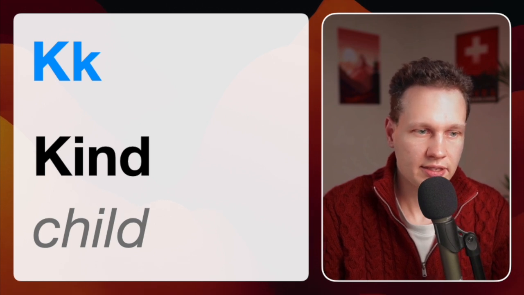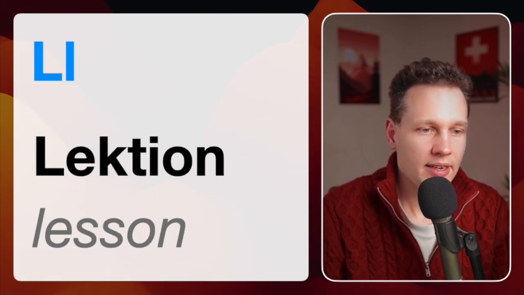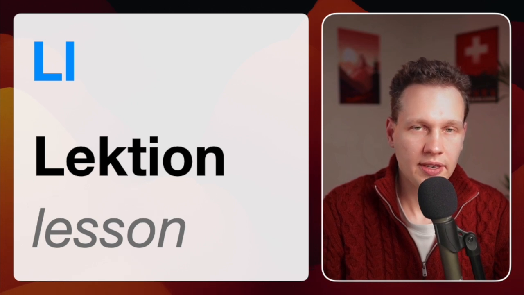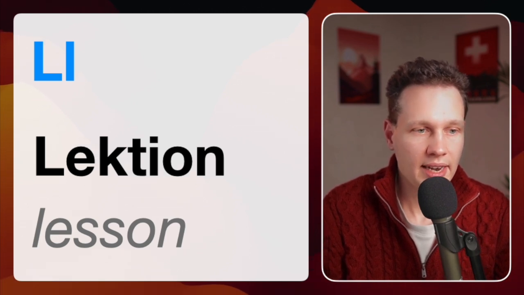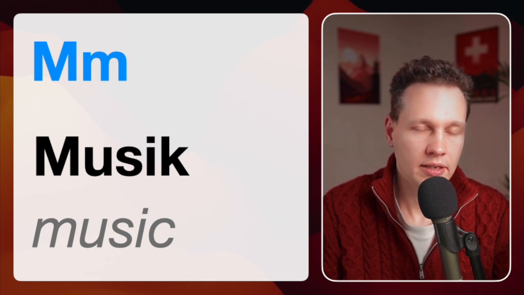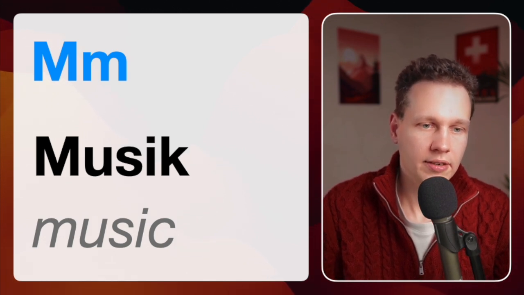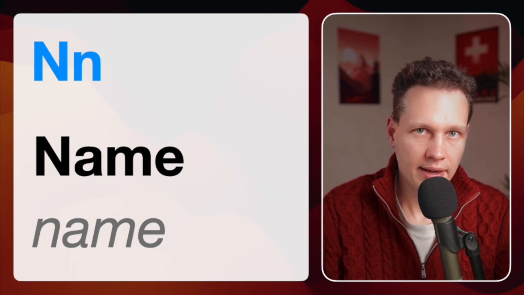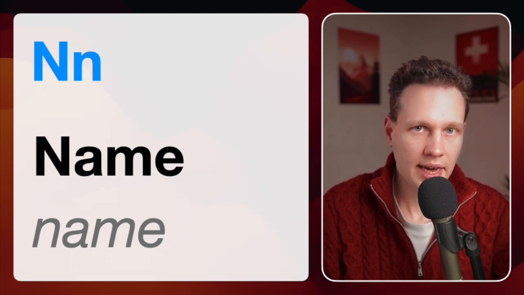Then K as in Kind, that means child, Kind. And L as in Lektion, that means lesson, Lektion. M wie Musik, music, Musik. N is pronounced in Name, name, Name, also same as English.